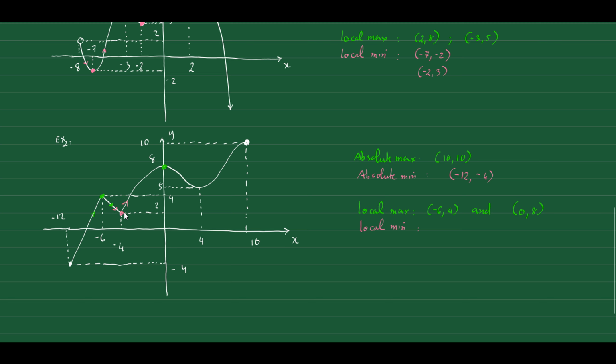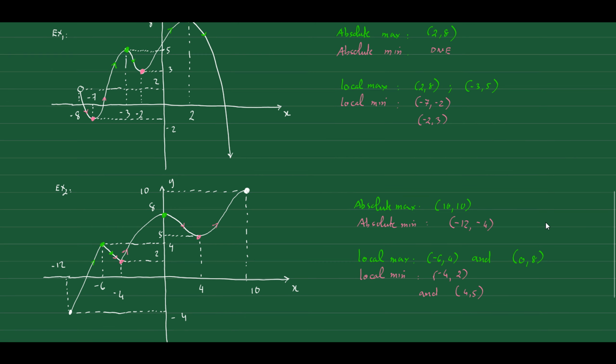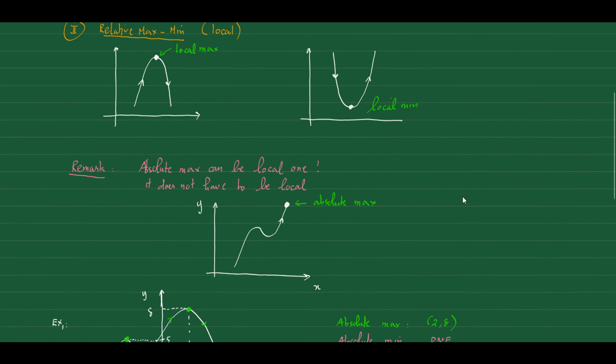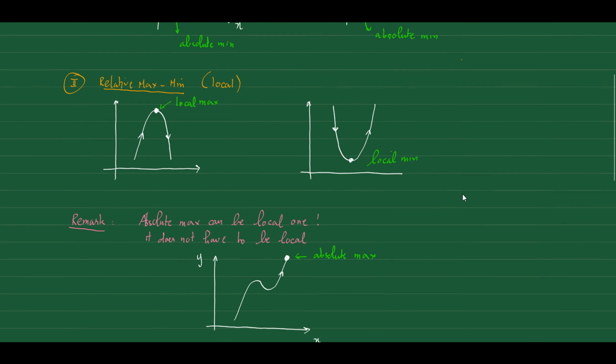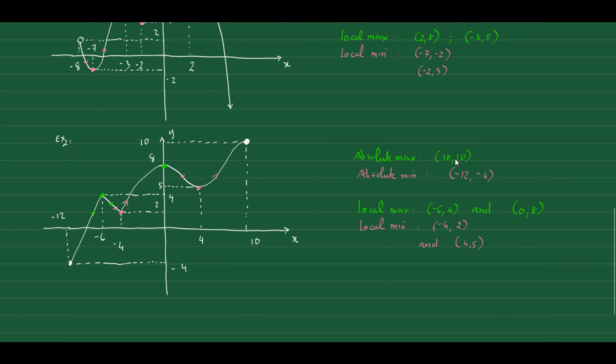So local min right here, going down and going up. Local min right here. So we have -4, 2, and 4, 5. See, very easy, guys. All right, so that's all the concepts about max and min. Watch it carefully. Of course, you have to practice. If you have any questions, please let me know. I'll be seeing you in the next video.